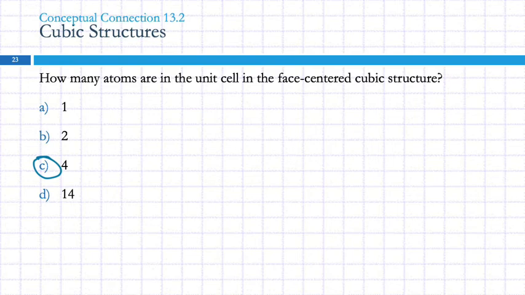There's half of an atom on each face, so that's a total of 3 atoms. And then there are atoms at all the corners, 1/8 of an atom each, so that's another atom. So 3 plus 1 is 4. This would be the simple cubic unit cell. This would be the body-centered unit cell.